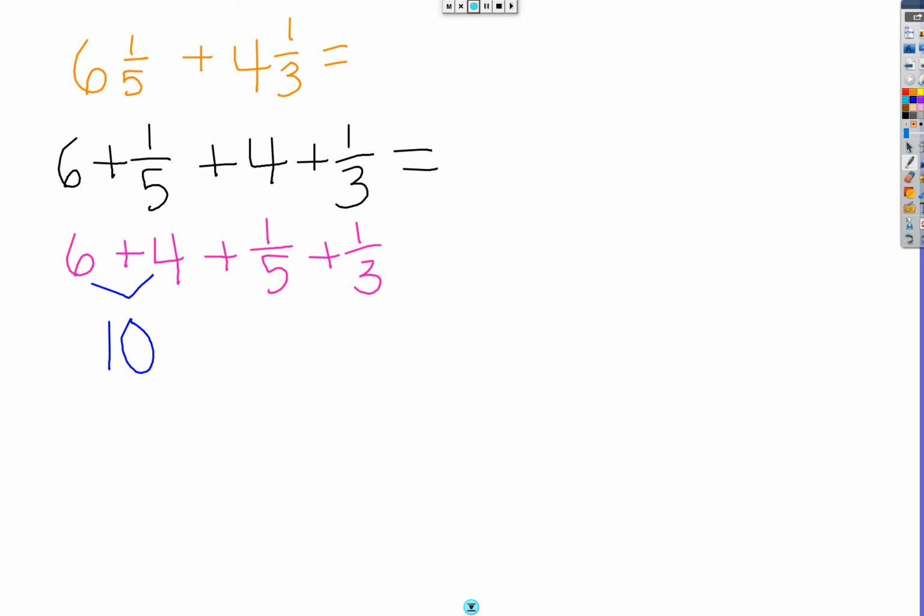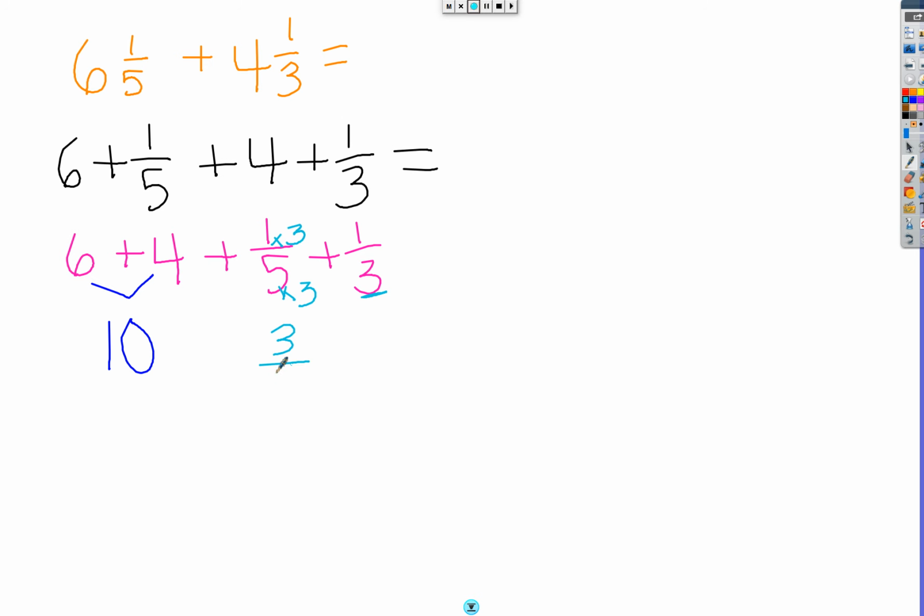And then 1/5 plus 1/3 is a little bit more difficult because I'm going to need to get a common denominator. So to get my common denominator, I would look to see, can I just multiply 3 by a number to get 5? And if I can't, the easiest thing to do is take my 5 and just multiply it by the other denominator. Multiply by 3. But if I multiply my denominator by 3, then I have to multiply my numerator by 3.